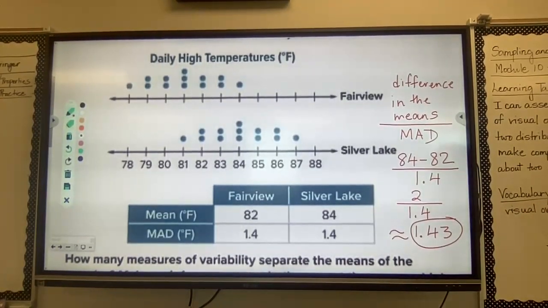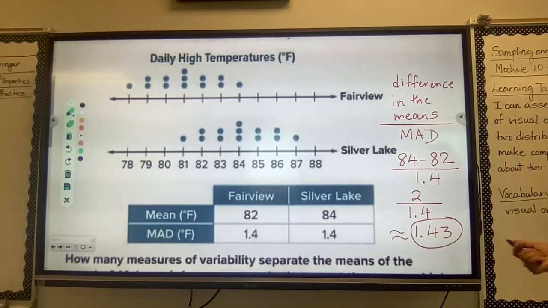If I'm making an inference as to whether or not the means of the two populations are likely to be different, using the conventions provided earlier in the earlier slide, a ratio that is less than 2 indicates that the means of the population are likely to be the same.